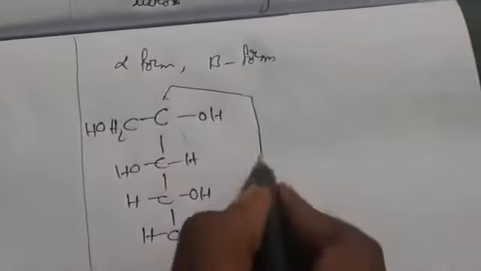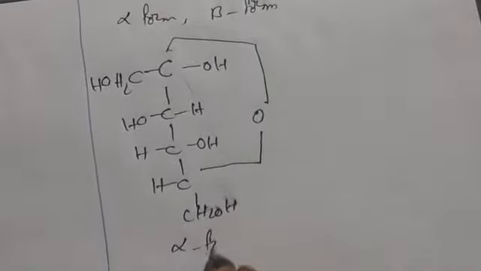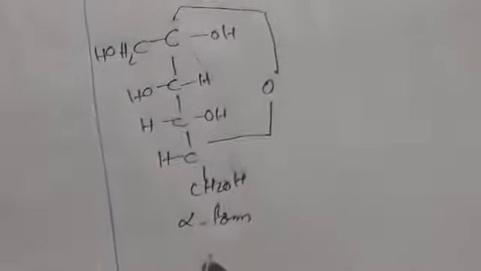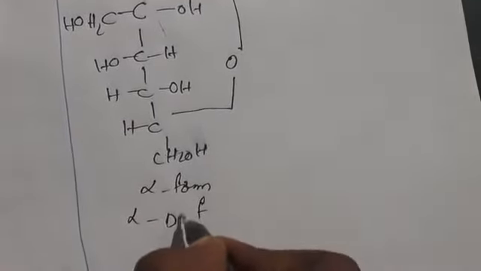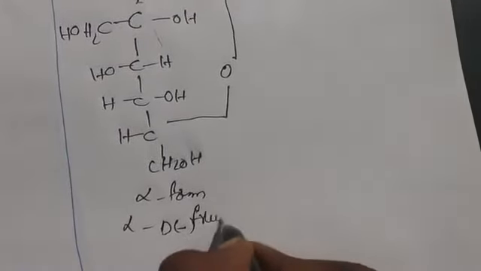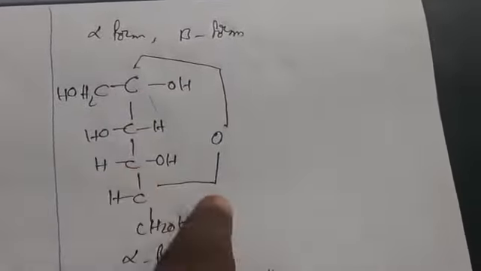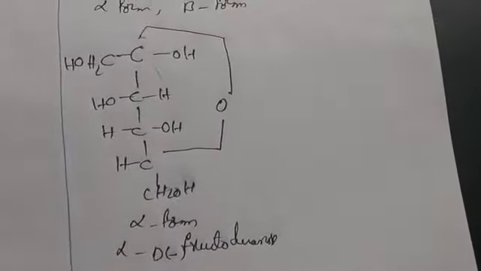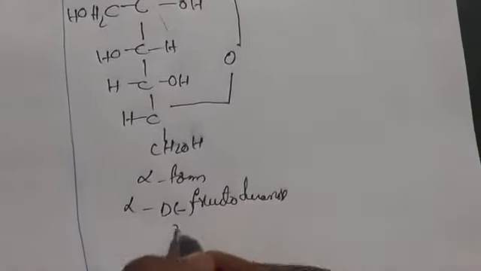If the OH is on the right side, we call it the alpha form. So it is alpha-D(-)-fructofuranose. Why? Because it is a 5-member ring: 1, 2, 3, 4, 5-member ring. That's why we call it furanose, which is similar to the ring furan. It has a specific rotation of 21 degrees, which will be the equilibrium mixture.